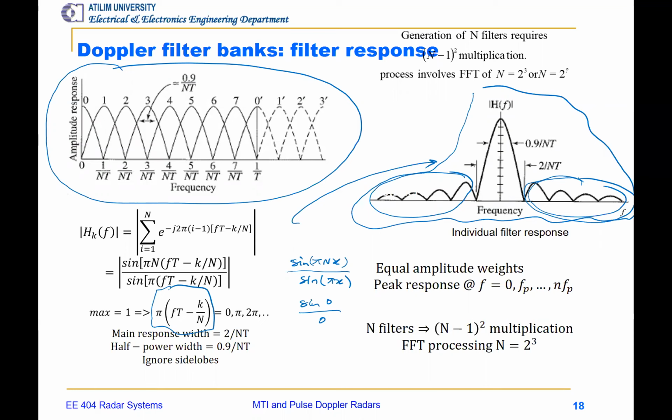And if we look at the processing here, we see that it's just like the FFT, fast Fourier transform. Filter processing is based on FFT in most of the current receivers.